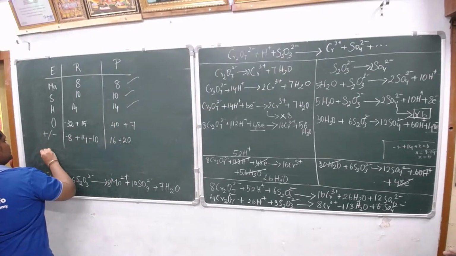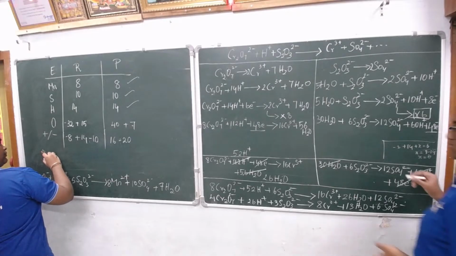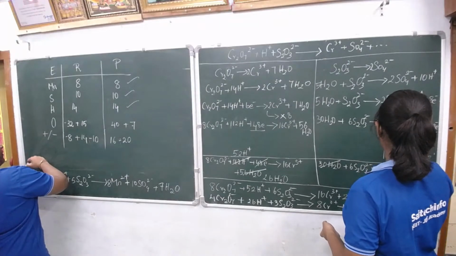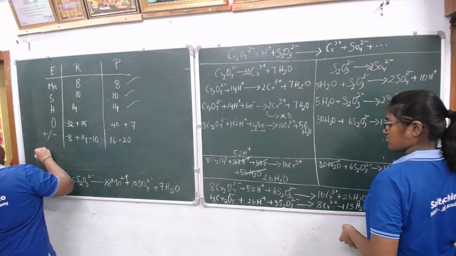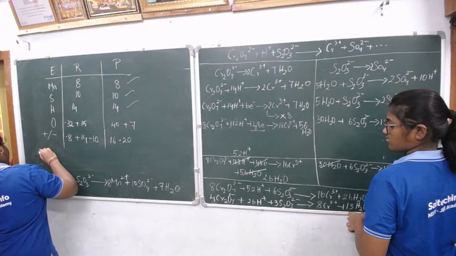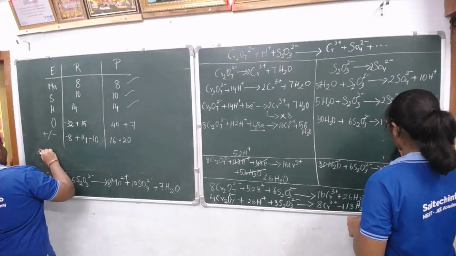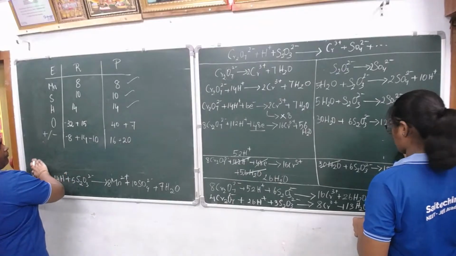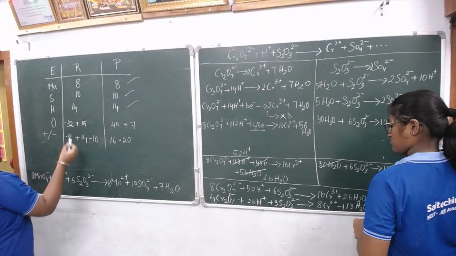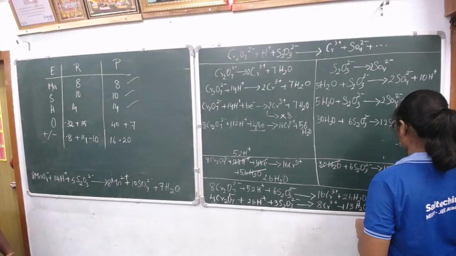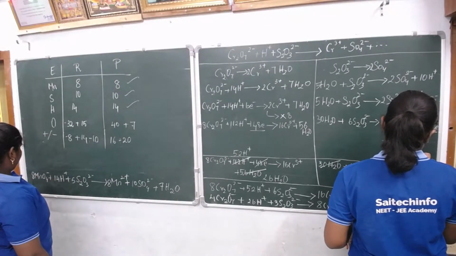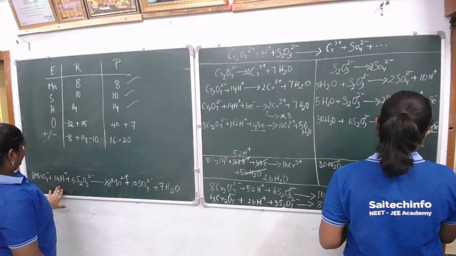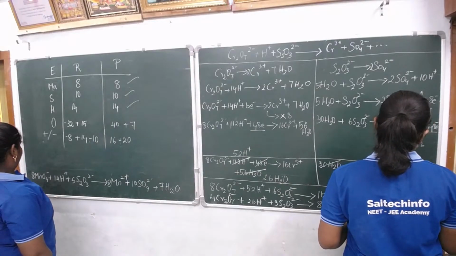Check that. 5 3s are 15, is it not? Yes, sir. And then 8 4s are 32. Here 40.